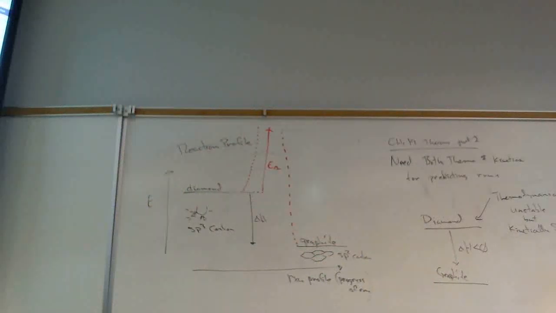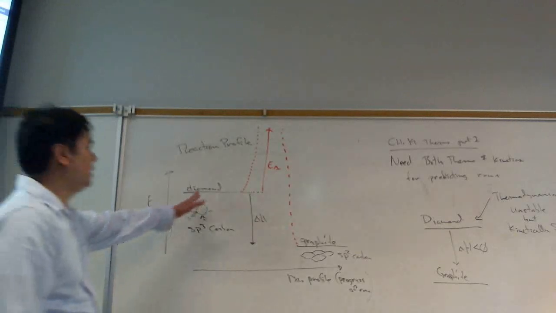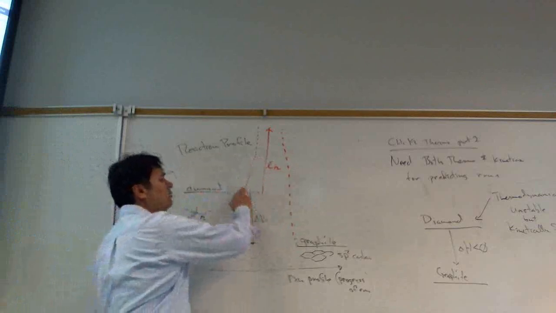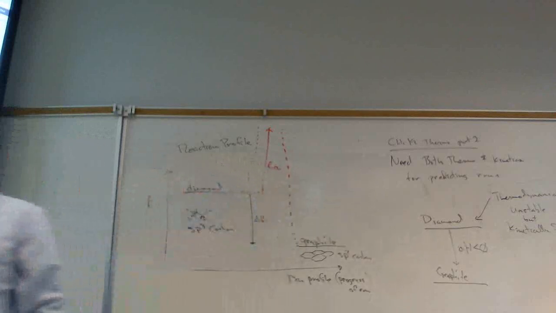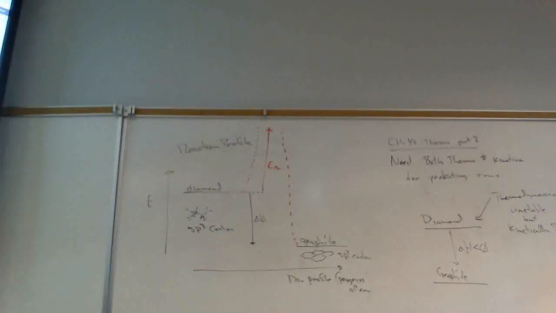Let me talk about catalysts briefly, because the catalyst will change this. If there's some kind of way to catalyze graphite formation, then we can drop the barrier considerably. Not that you want to develop a catalyst like that. But here's an example here.